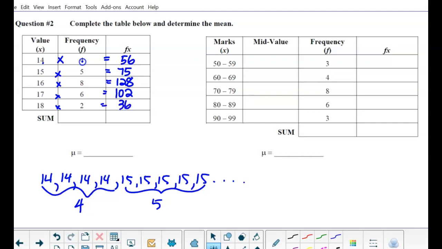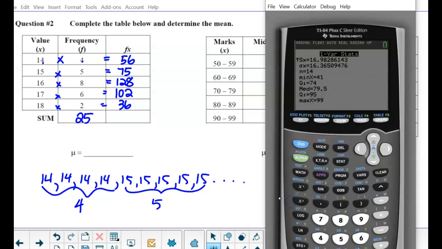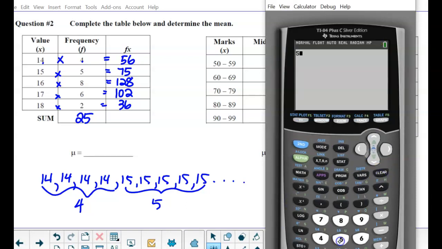If you add all the frequencies together, you get 25 values. Then 56 plus 75 plus 128 plus 102 plus 36 is 397, and then divide by the 25 values.